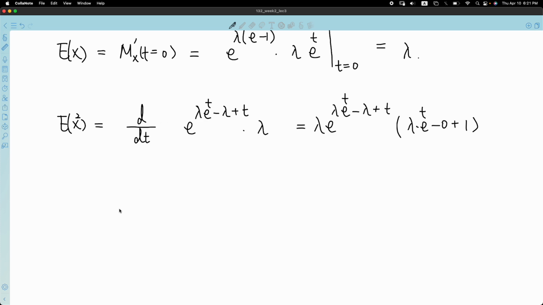And then let's see how we can group these together. We will have lambda e raised to the power of lambda. I just plugged in t equal to 0. Oh, okay. It's kind of easy because we already have the first part.